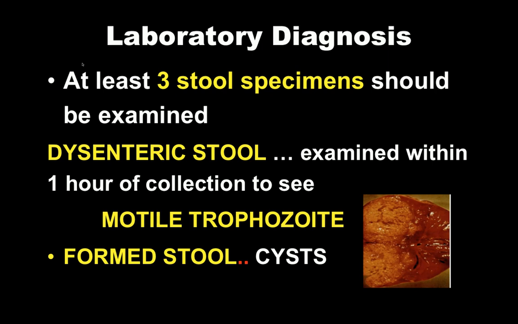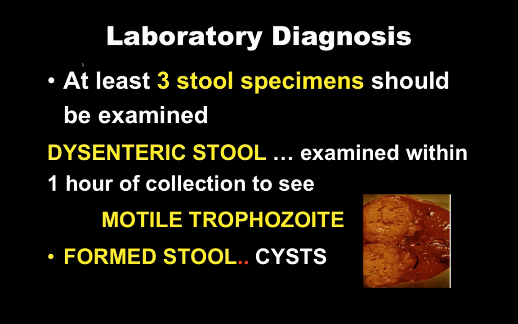Macroscopic examination is where we look at the stool and find out its appearance, its consistency, and whether there is blood or mucus. Microscopic examination is very important because by this method we have to differentiate bacillary dysentery, which is caused by the bacteria Shigella, from amoebic dysentery, which is caused by Entamoeba histolytica.